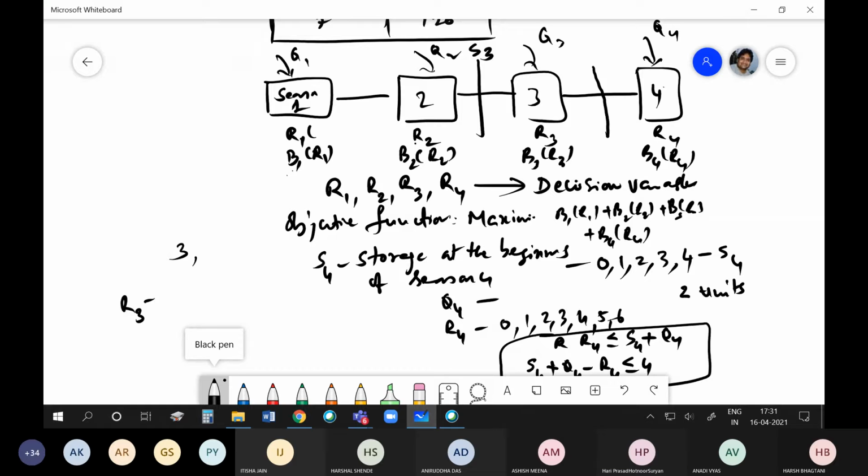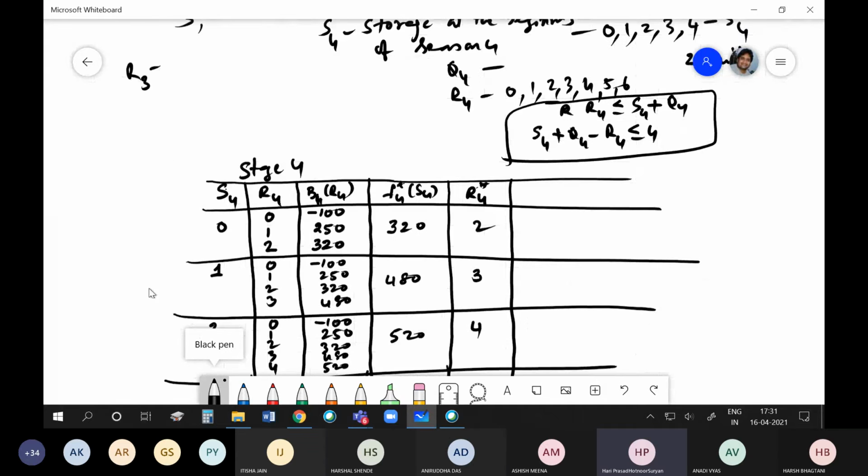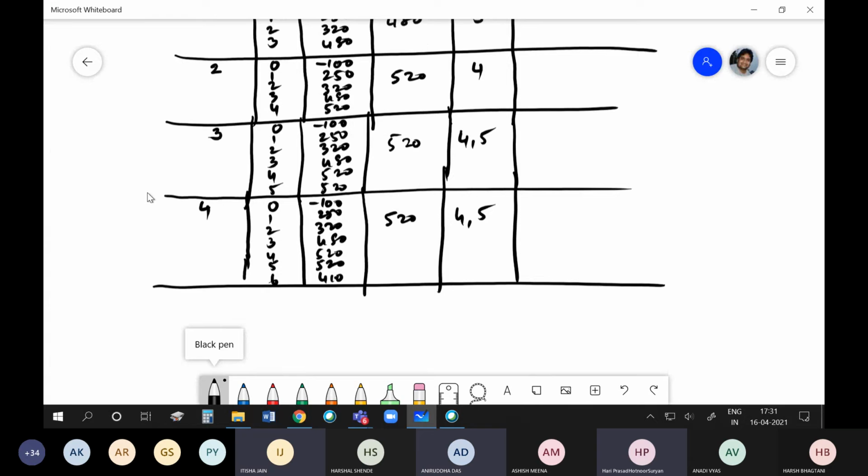What will be the possible values of R3? Sir, in the first two seasons, there are only 2 and 1 inflows, so the total inflow is 3. Can the reservoir capacity be up to 4? Why can't it be?